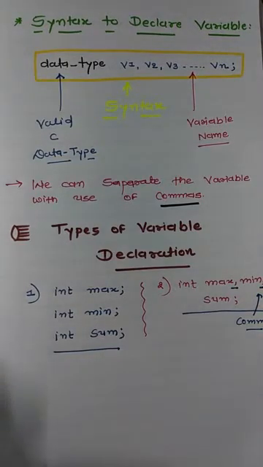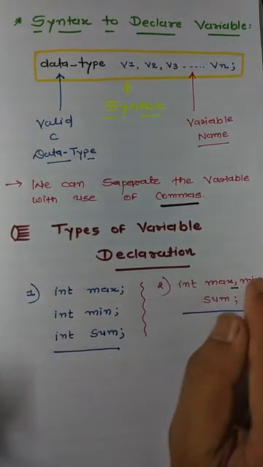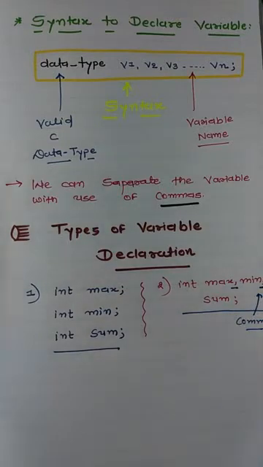So more than one variable is separated by comma. Then we can declare the variable just like this.